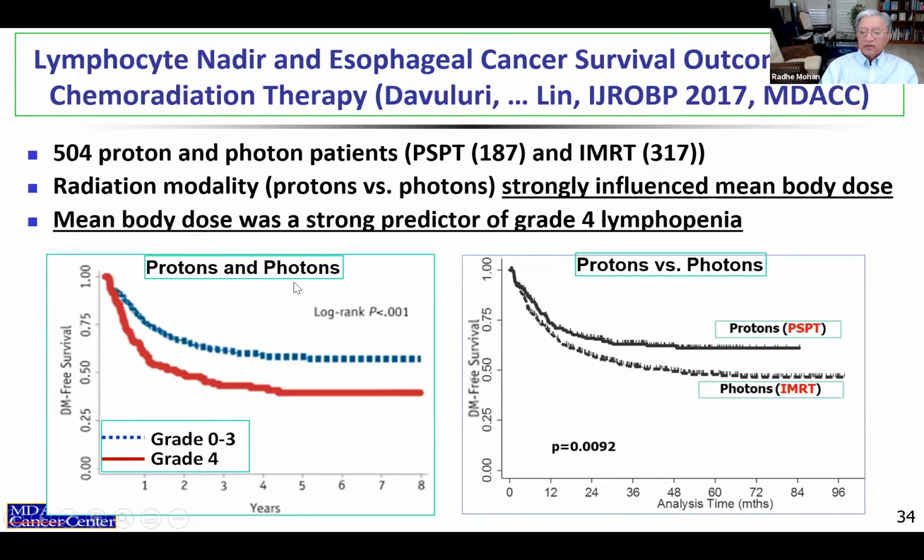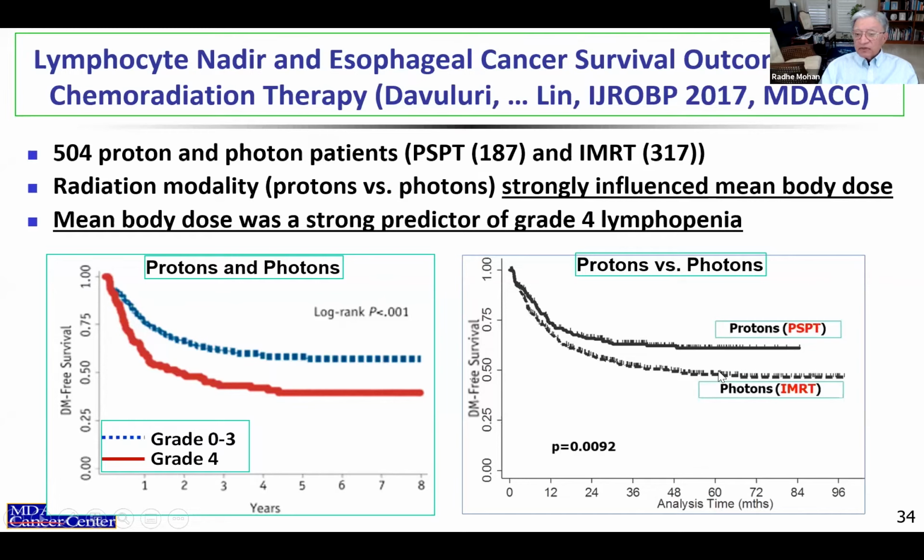is related to outcomes. Here in this graph on the left-hand side, what you see is data for the combined cohort. This is for all patients, protons as well as photons. And if the patients developed grade 4 lymphopenia, their survival was much poorer than the patients who did not, from grade 0 to 3.